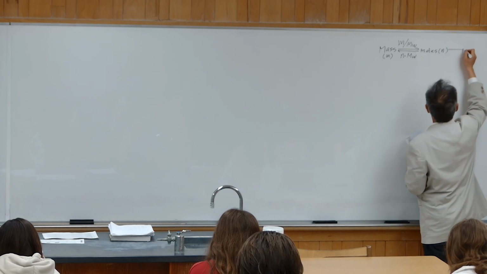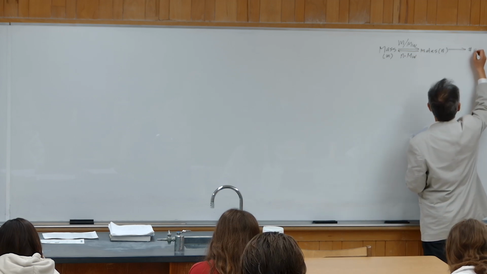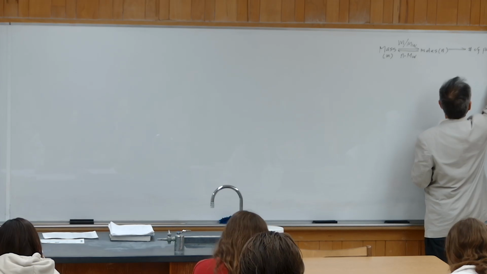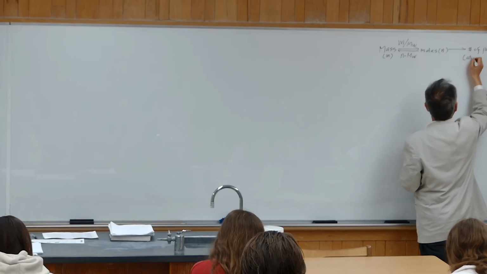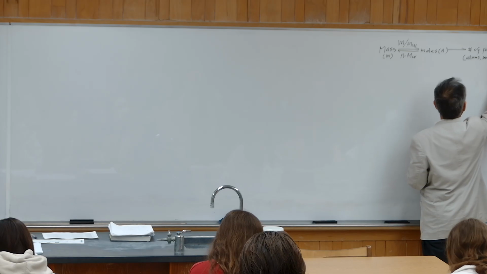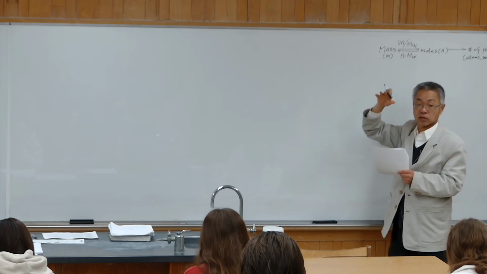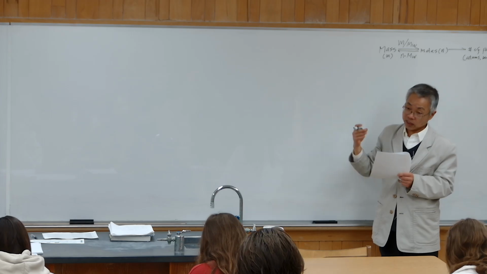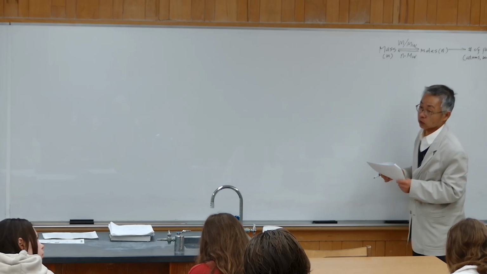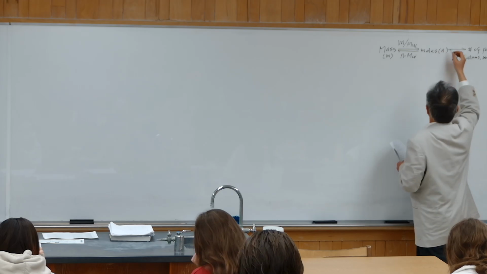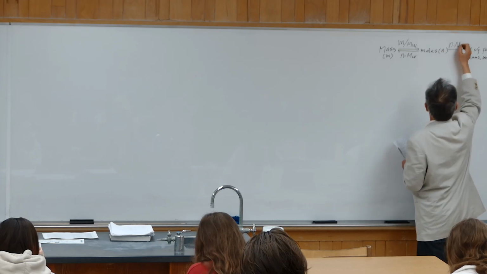And for moles to number of particles, these particles could be atoms or molecules, depending on your substance. Some matter is in the form of atoms, some substances like carbon dioxide are in the form of molecules. So either atoms or molecules, because this is atom. So moles multiplied by Avogadro number.